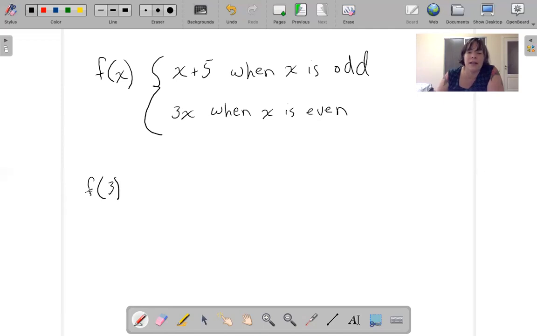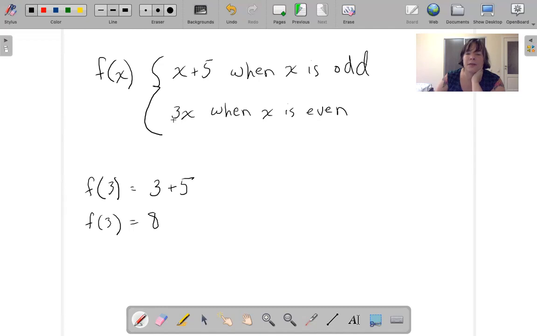So when it's f of 3, then it's x plus 5 when x is odd. X is 3 plus 5 when x is odd. So f of 3 is 8.